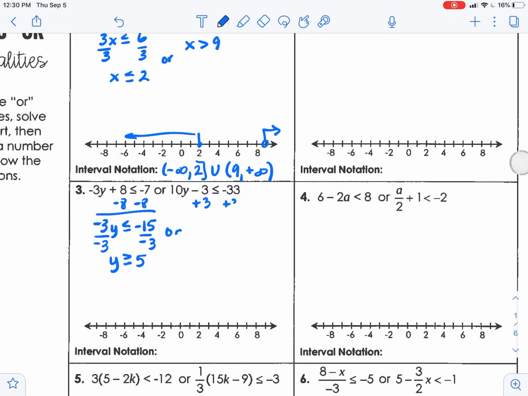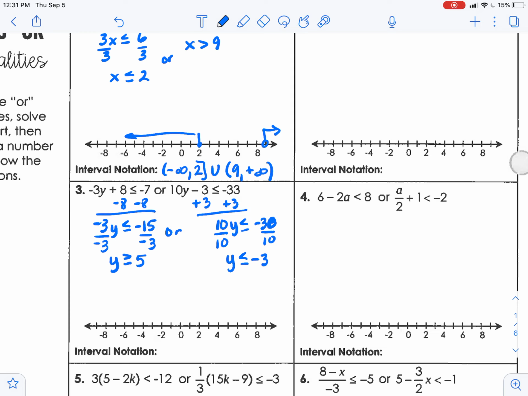Plus 3, 10y less than or equal to negative 33. Now I'm dividing by a positive, so I don't flip the sign. Oh, sorry, I can't add. There we go, 30. So y is less than or equal to negative 3.